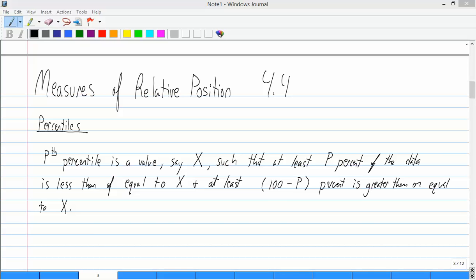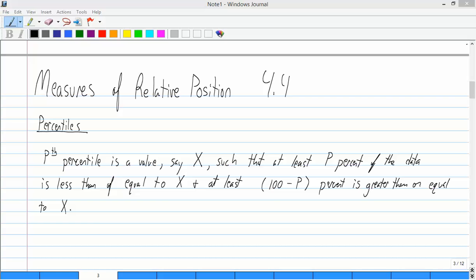And since if we find the 70th percentile, 30% is greater than or equal to whatever value we find. In this definition, whatever value we find is this capital X. It may not be in the set of data, but it's a number relative to the set of data.